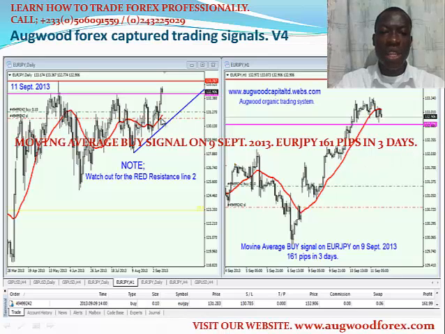You could see it from here, because we are purely signal traders. It is signals we trade. If we don't see a signal, we don't execute any trade. So you could see that this trade is based on this moving average, and we got a signal here and a confirmation here, and we went for the buy, and the buy has made 161 pips in 3 days.